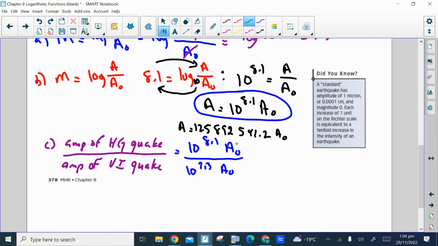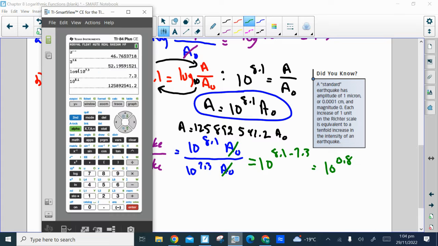So when we divide these, the A sub zeros cancel, and you're left with dividing powers with the same base. When you divide powers with the same base, you subtract the exponents and keep the base the same. It'll be 10 to the power 8.1 minus 7.3, or 10 to the power 0.8. And 10 to the power 0.8 is approximately 6.31 times as intense.